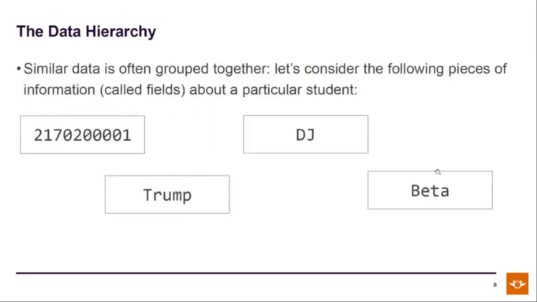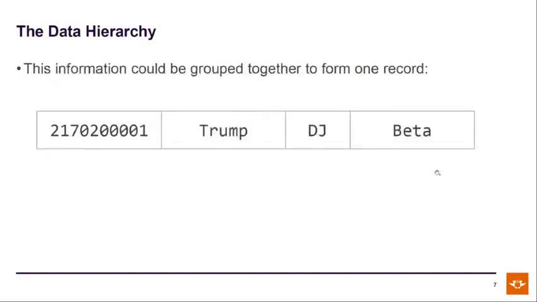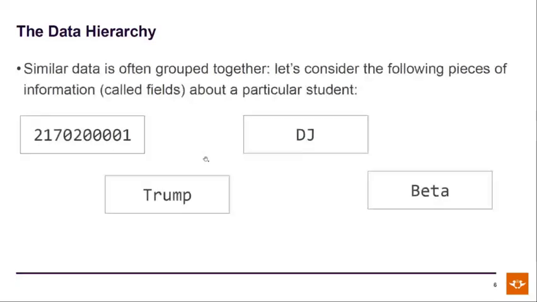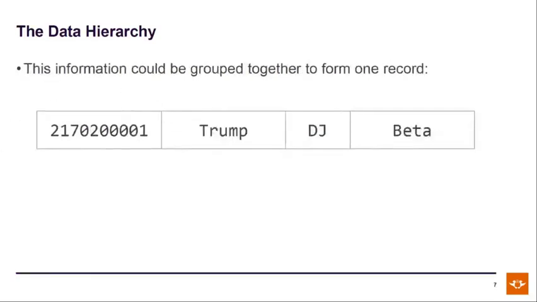Each one of these is considered a field, an individual piece of information. If you group them together, you form a record. A record is a collection of fields that provides you with information. So you've got the student number, the initials, and the grouping for this specific student.